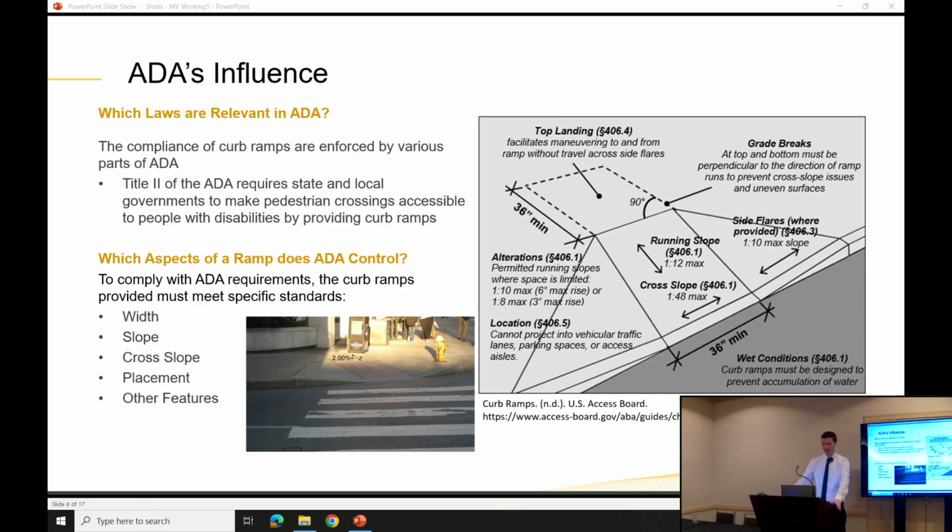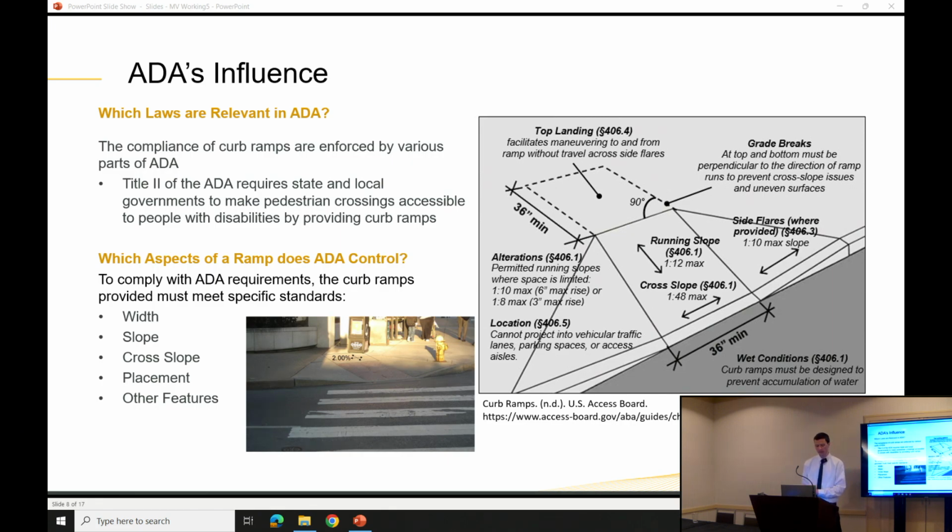To comply with ADA requirements, the curb ramps provided must meet specific standards for dimensions such as the width, slopes, cross slopes, placement, and other features. Departures from particular requirements of either standard by the use of other methods are permitted only when it is clearly evident that equivalent access is provided.